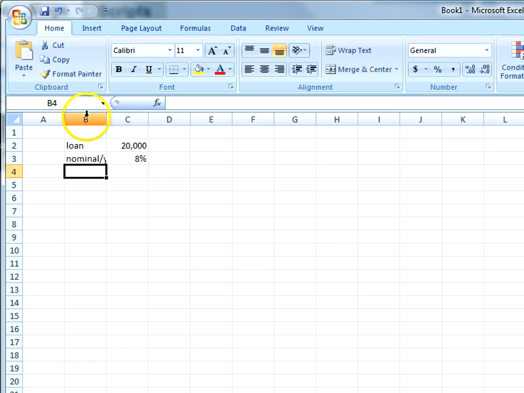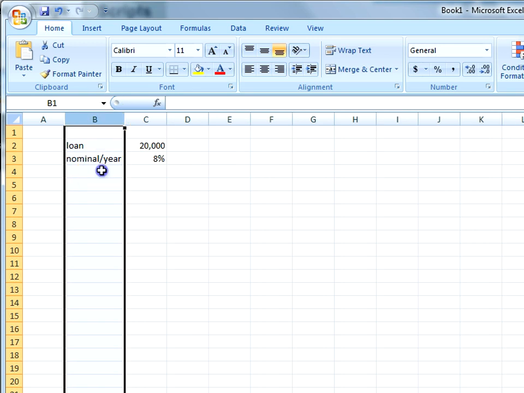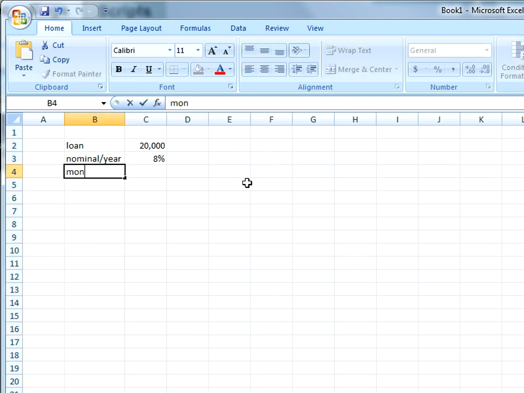But the compounding period is monthly. So if the compounding period is monthly, the monthly interest rate is 8% divided by 12.